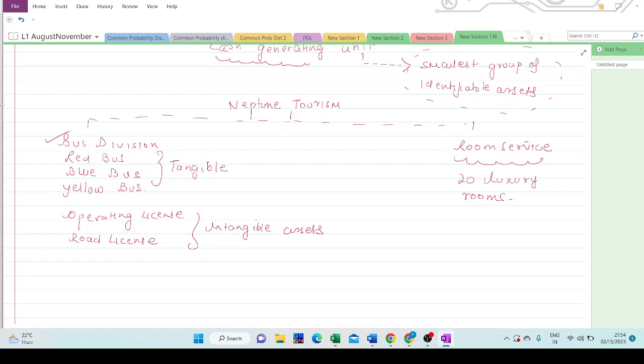Now third angle: the company has both licenses and buses. Will this combination of five assets, three buses and two licenses, be considered a cash generating unit? Will it be able to generate cash?